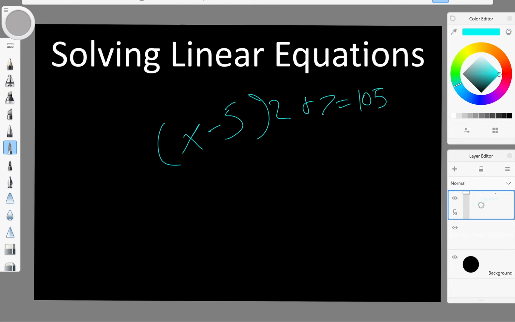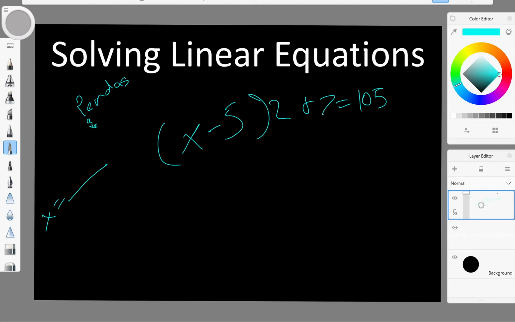Yeah, perfect. And then it's going to ask you somewhere else in the problem, x equals blank. So now we solve. So you always want to follow order of operations, which we all learn in different ways. Like PEMDAS is what I learned. So what's P?